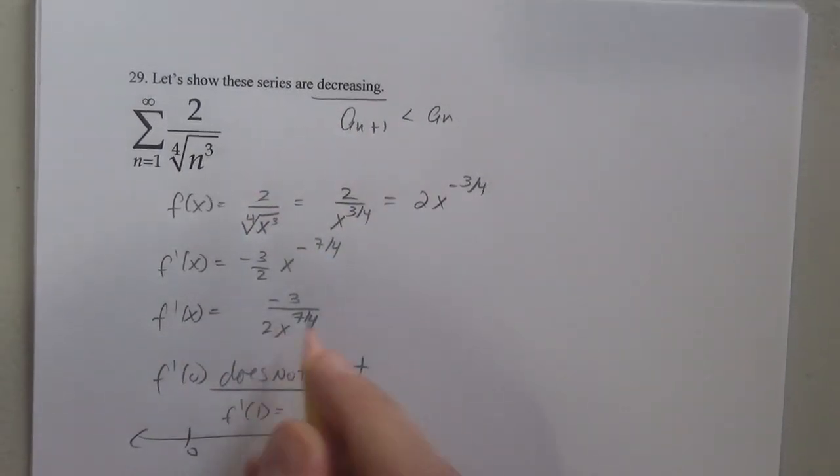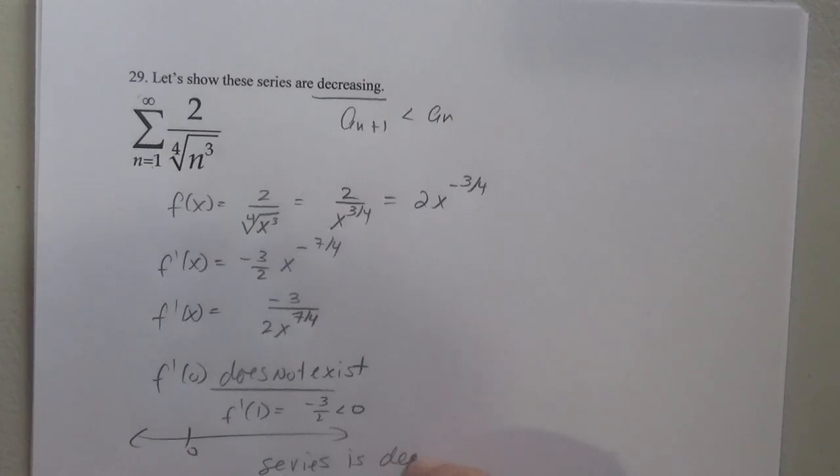Well, if I plug in 1 here, I really just get negative 3/2, which is less than 0. So therefore, my series is decreasing on 1 to infinity.